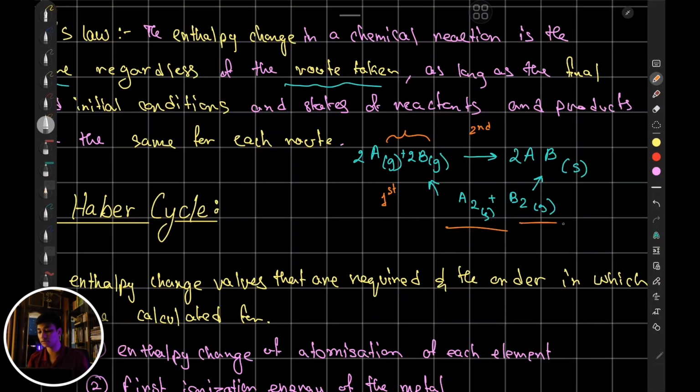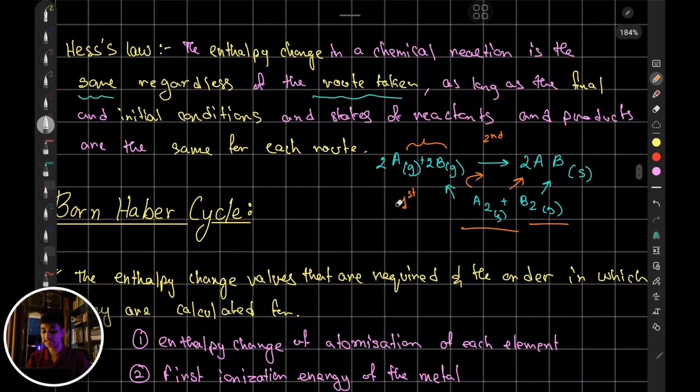Gaseous A2, gaseous B2, and ending up with solid AB. So in both cases, the starting reactants and the ending products are the same.